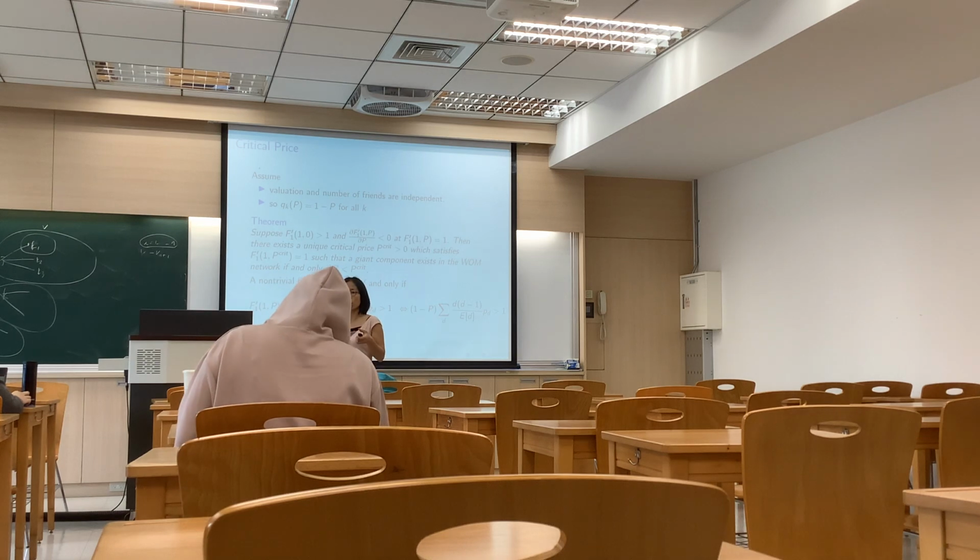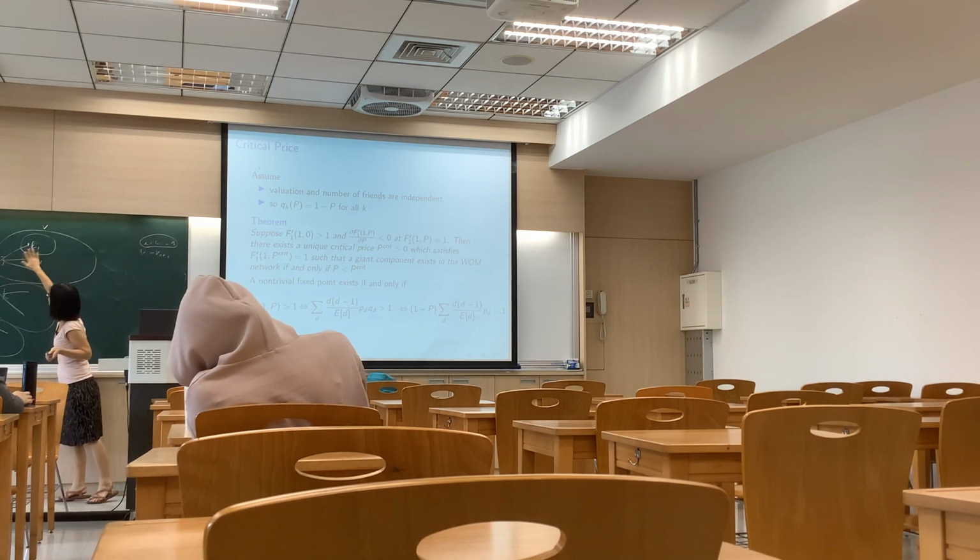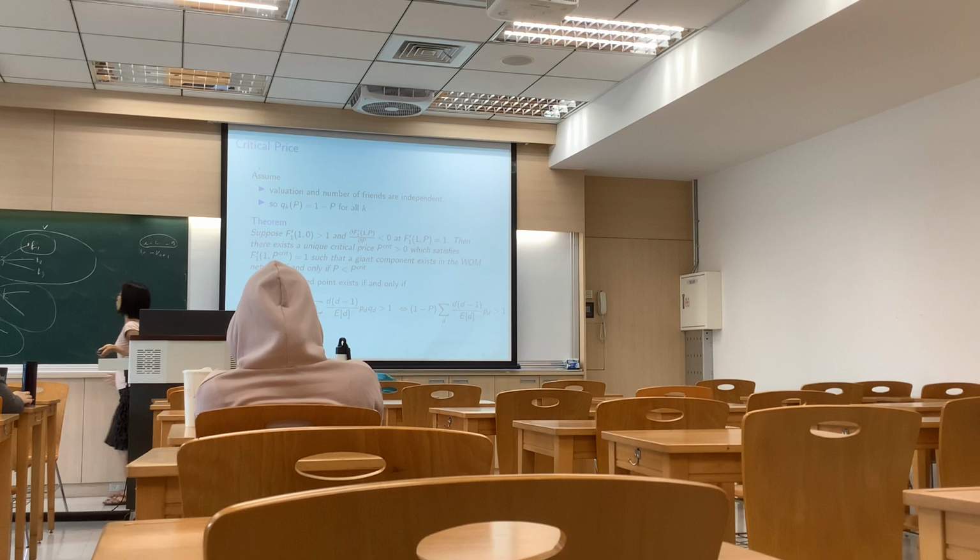You would think this is often true: if price is higher, the probability of being susceptible is generally lower, so you're lowering the number of friends J has in the word of mouth network.